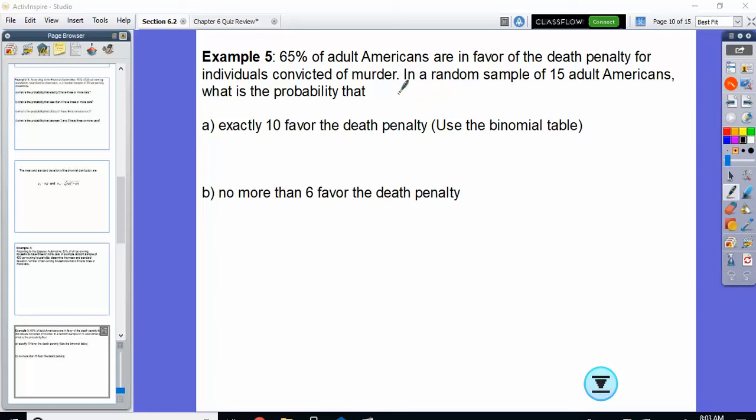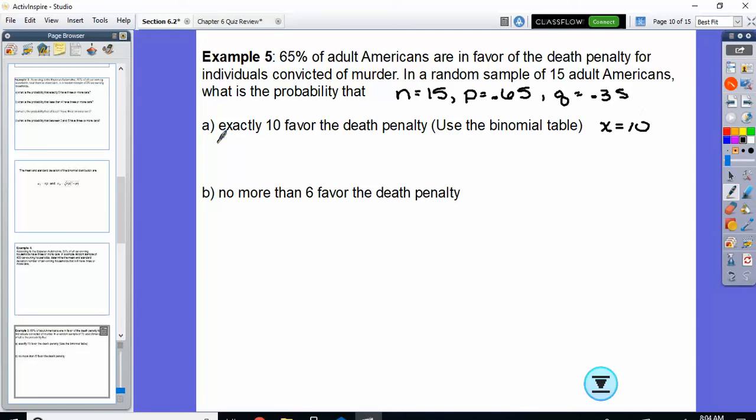What is my N on this one? 15. What is my P? Okay. What would my Q be then? Part A, exactly 10, that means X is 10.